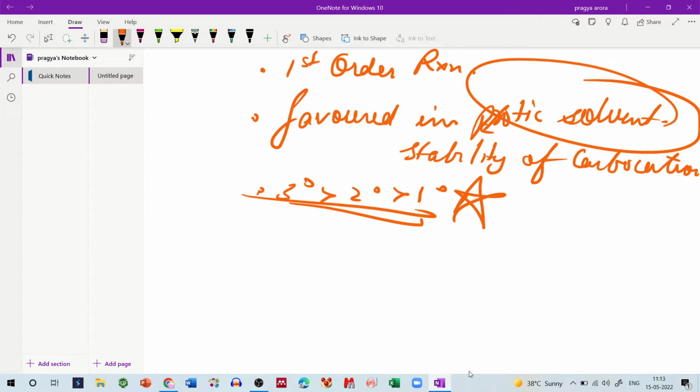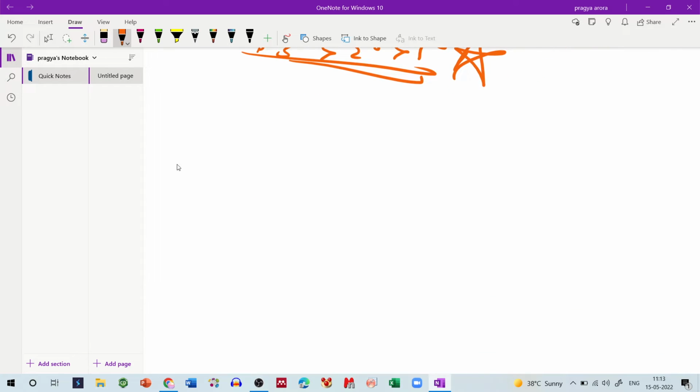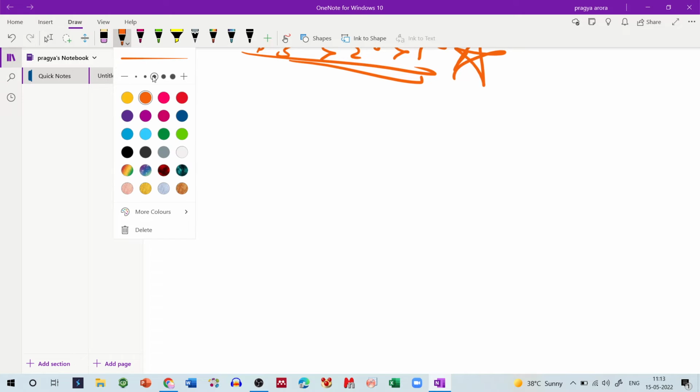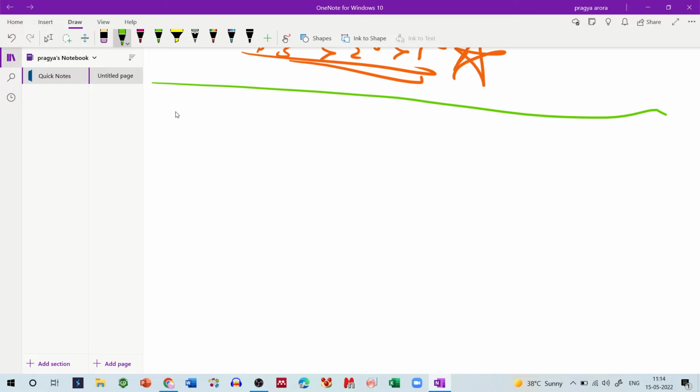Now we'll move to the second type of nucleophilic substitution reaction, that is SN2, the second order nucleophilic substitution reaction. What happens in this reaction?